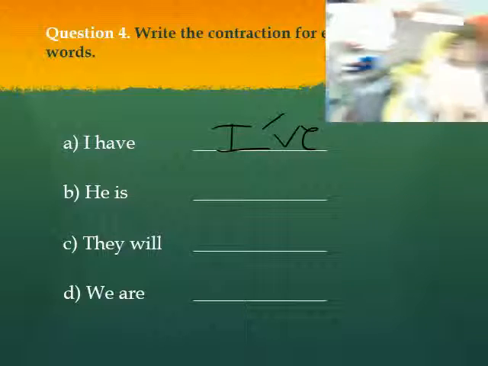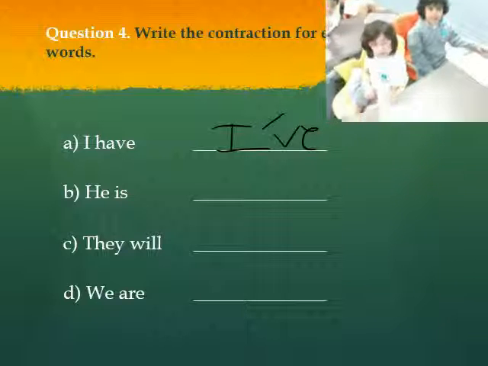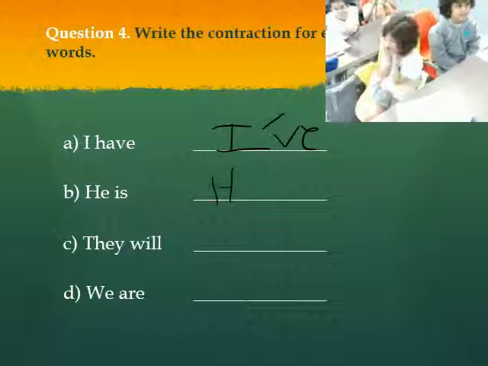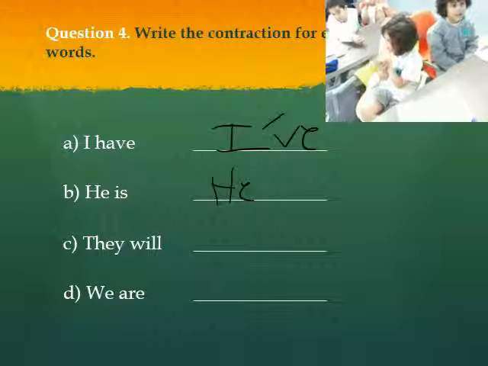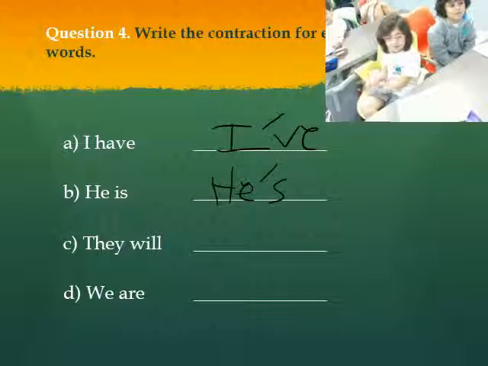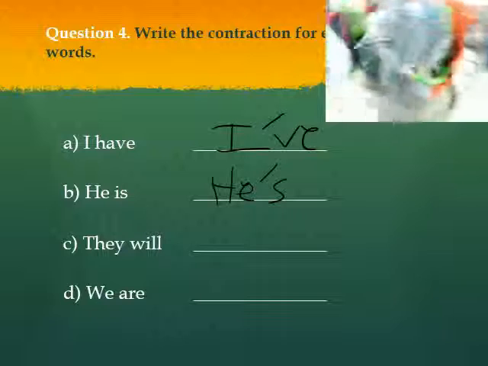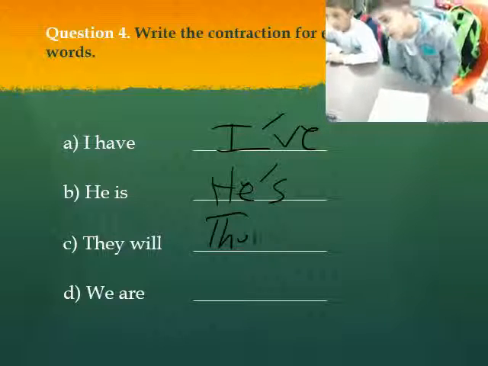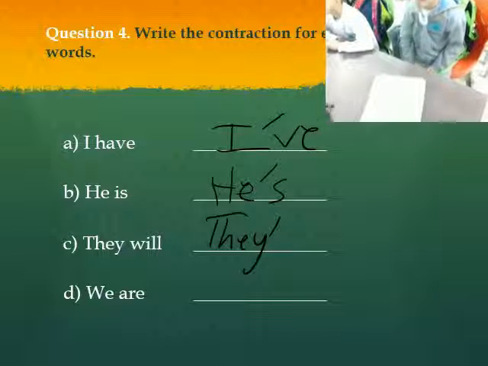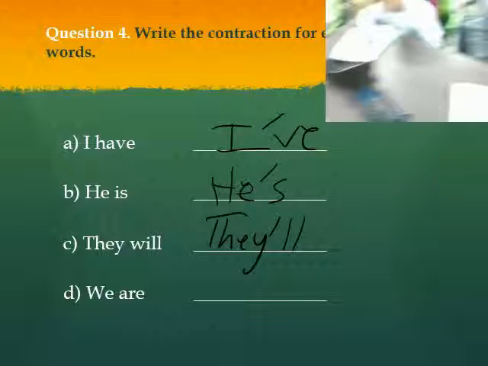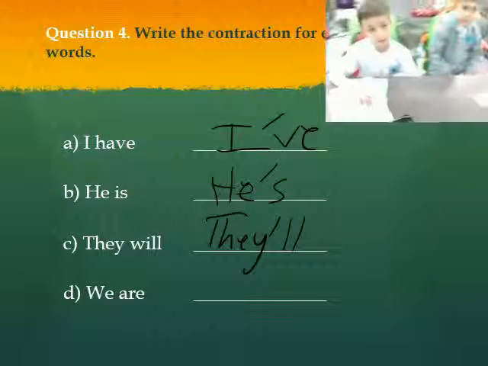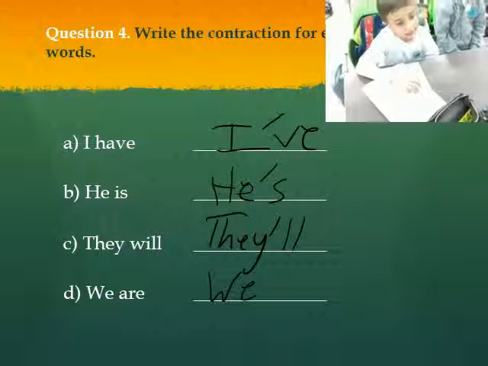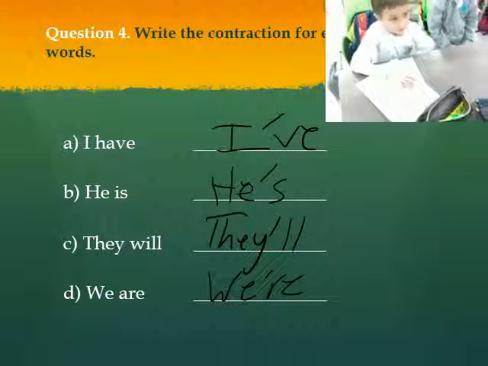Okay. He is, Adam. H, E, apostrophe S. Very good. They will. Ali. Apostrophe LL. Very good. We are, Nabil. Apostrophe RE. Very good.